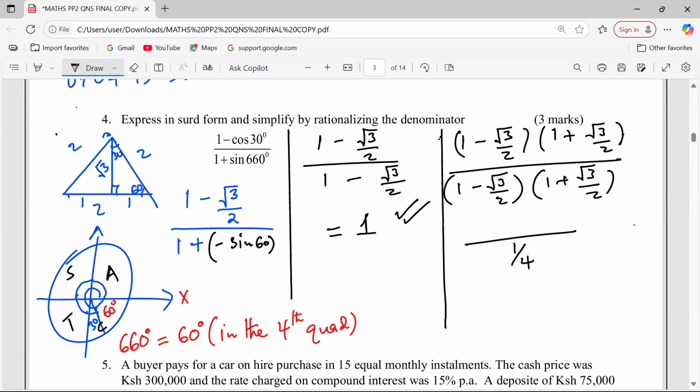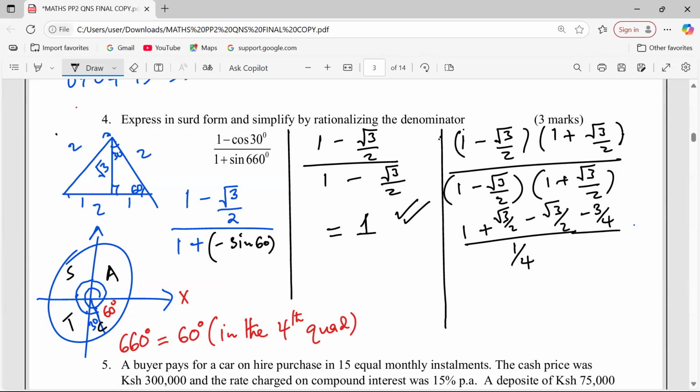Up there we will have 1 plus root 3 over 2 minus root 3 over 2, and I'm having 1 times everything. Then root 3 over 2 times root 3 over 2 is negative 3 over 4.